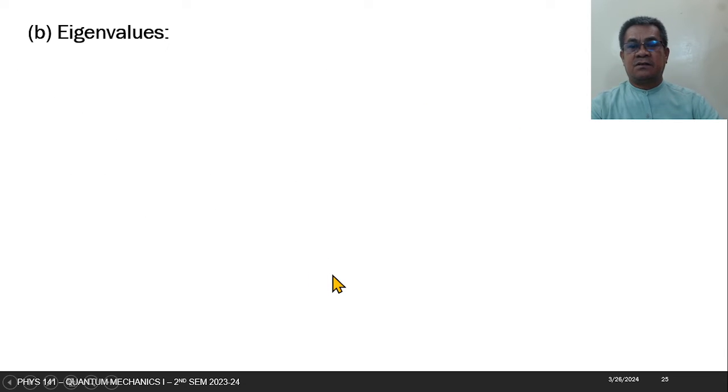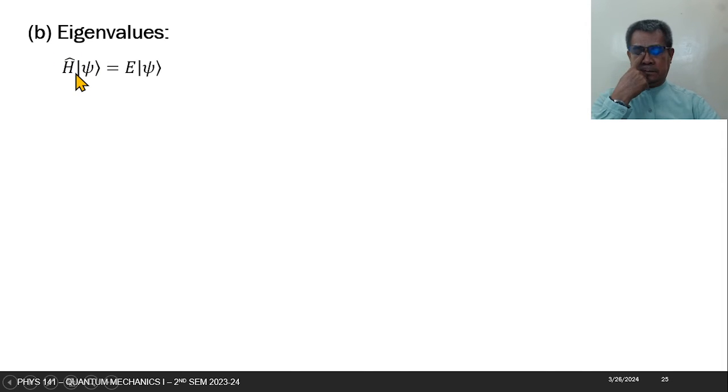Now, the next question is to calculate the eigenvalues from the Hamiltonian. So take note that when the Hamiltonian acts on the psi, the wave function, it delivers an eigenvalue of energy multiplied by the psi. Okay, so therefore we will find this eigenvalue for letter C in the question.